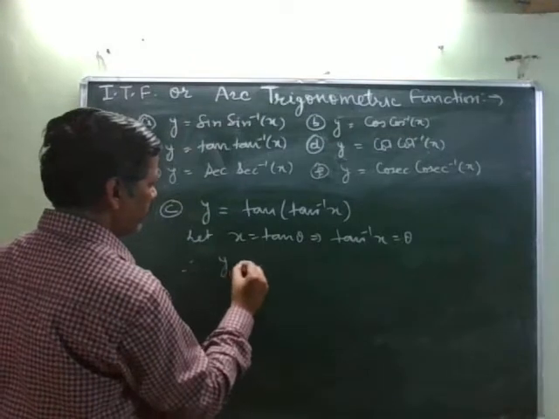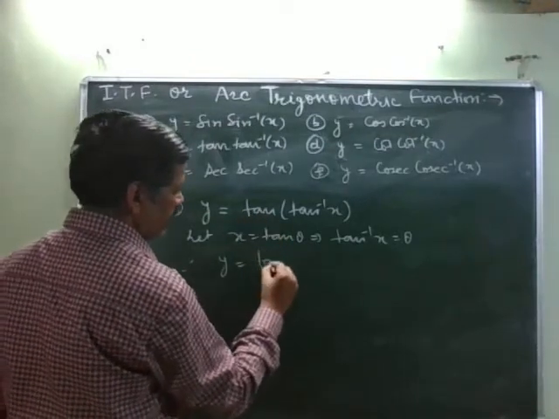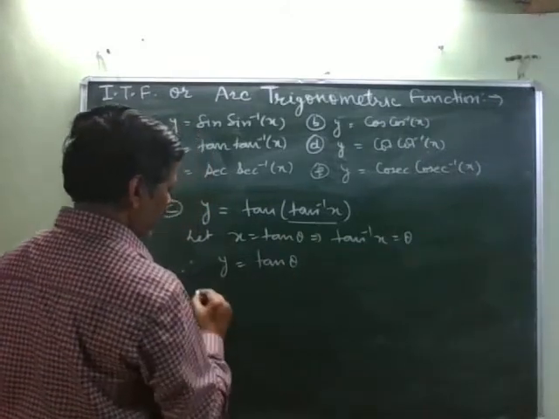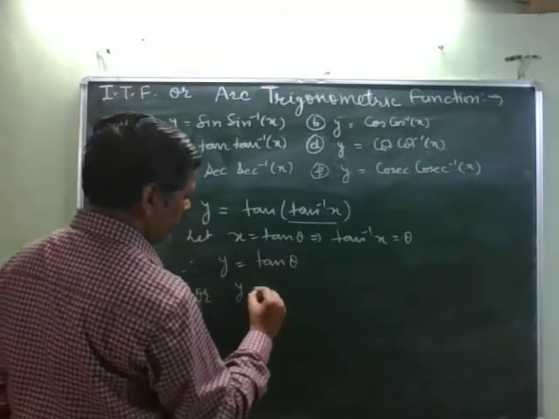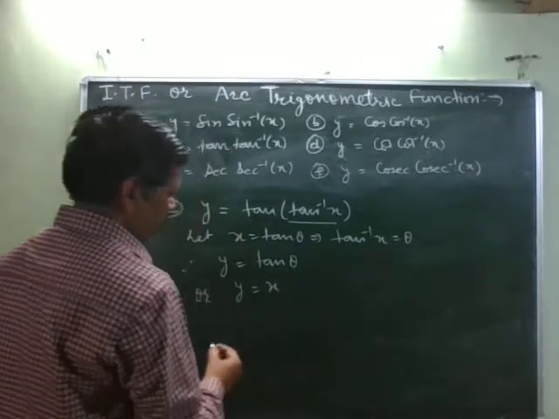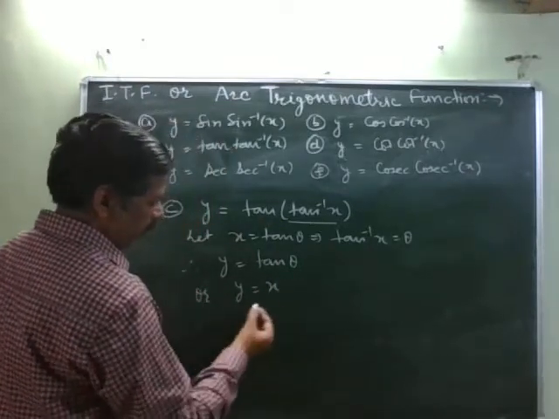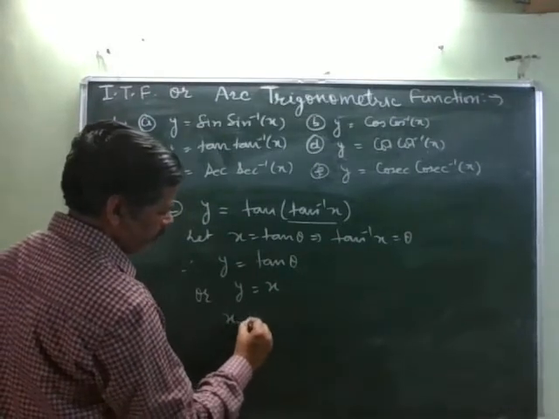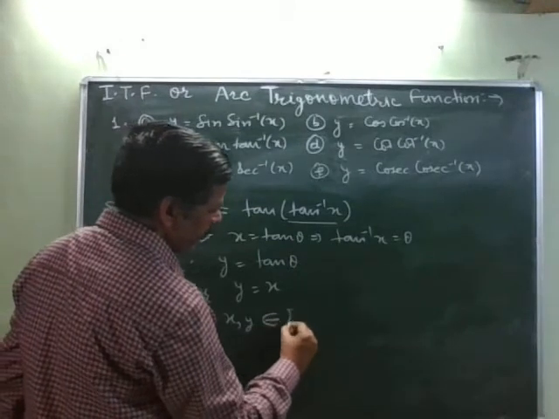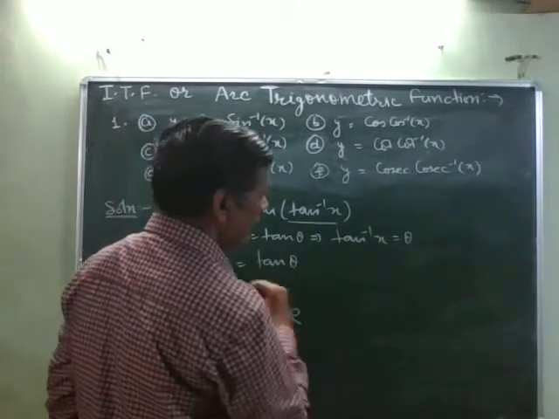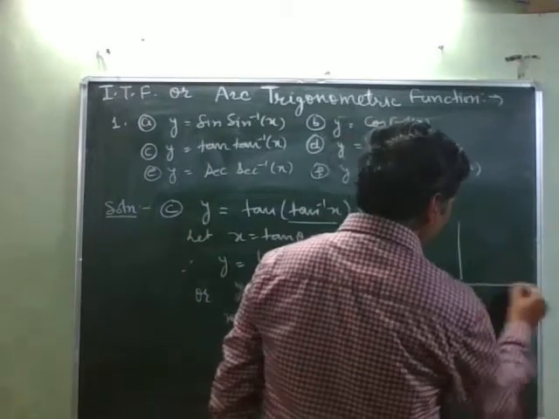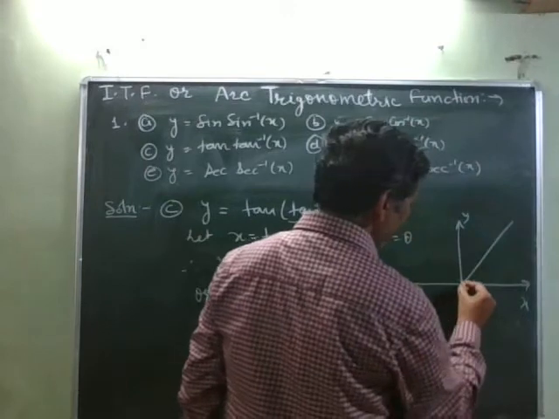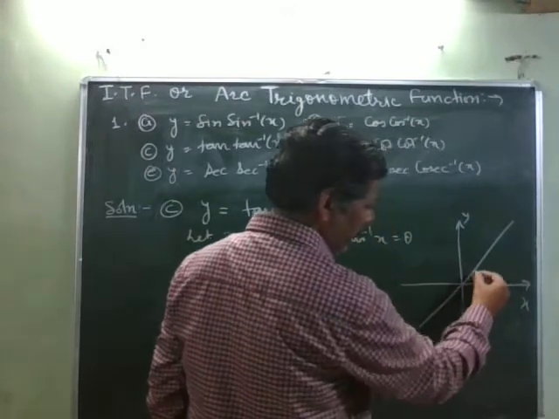Therefore, y is equal to tan theta, or y is equal to x. Domain and range both are same here, or x comma y both belong to R. Now if we are going to plot the graph y versus x, the graph we are getting, the slope is 45 degrees, angle is 45 degrees, slope is 1.